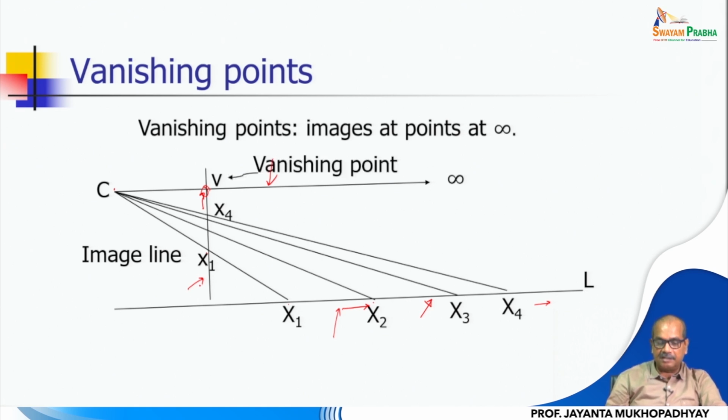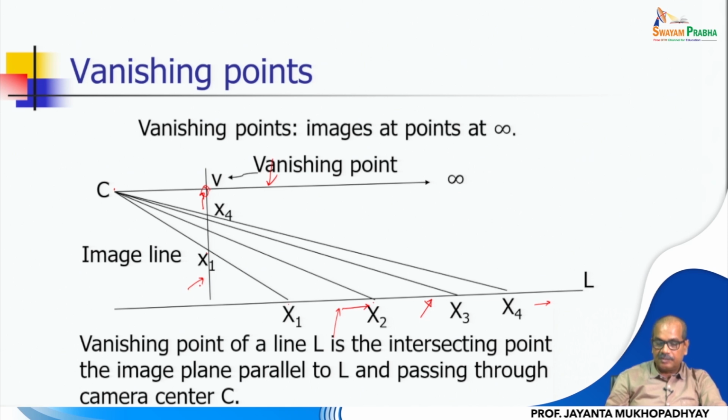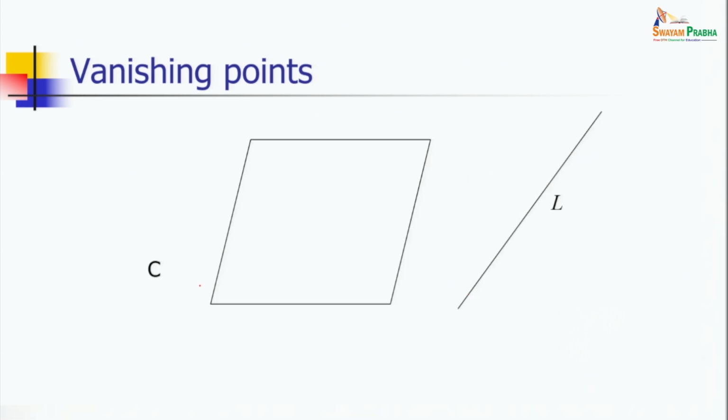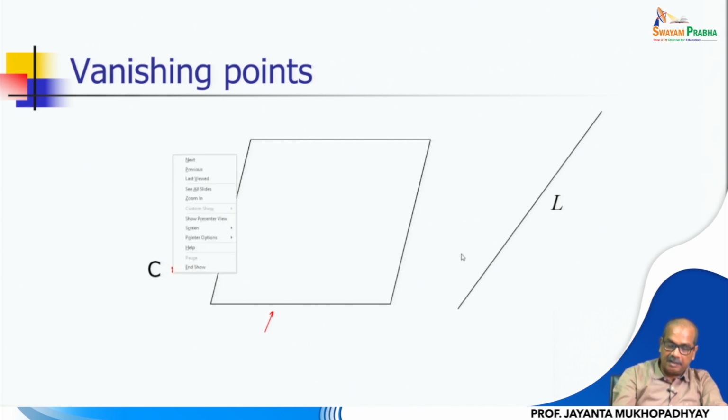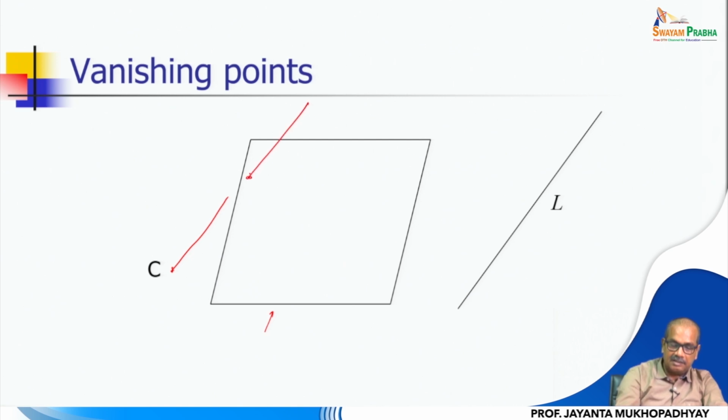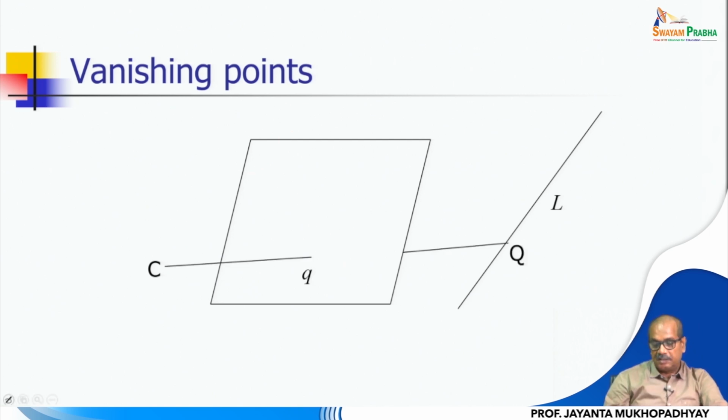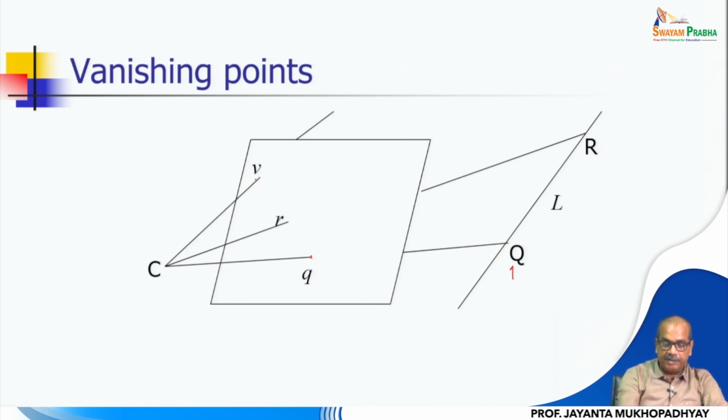Now, the same interpretation can be extended to two dimensions, in our usual image configuration. Here you have the center of projection, and this is the image plane. If I consider a line which is parallel to it and where it is intersecting, say this is the image point of Q on this line, this is the point R, and this is the point V where this line is parallel to this line.